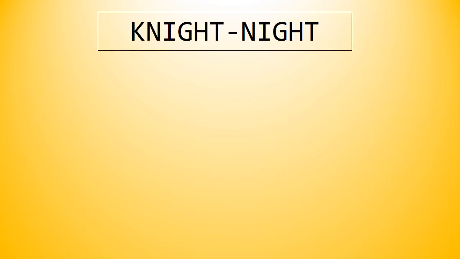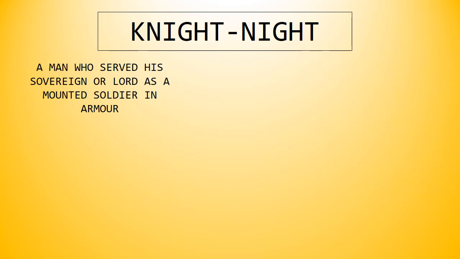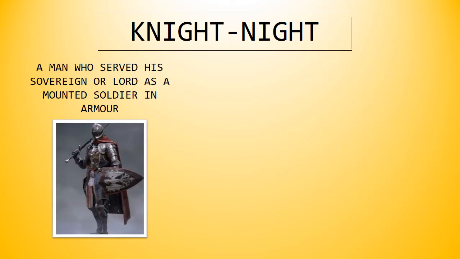So the 10th pair of homophones is knight, K-N-I-G-H-T, which means a man who served his sovereign or lord as a mounted soldier in armor. You must have seen this knight in some cartoon programs, right?